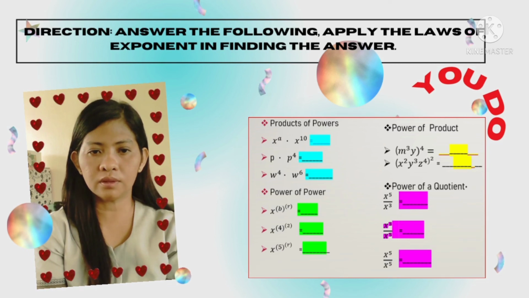Direction: answer the following. Apply the laws of exponent in finding the answer. So you will be the one to answer these questions. I will give you 10 minutes in answering these questions. Good luck!